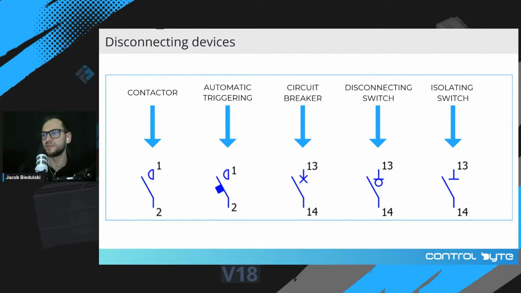For example, here you can find a symbol for a contactor, automating trigger, circuit breaker, disconnecting switch, and isolating switch. There are some differences between those devices. They are designed for different functions, so you should pay attention to the symbol for each device.